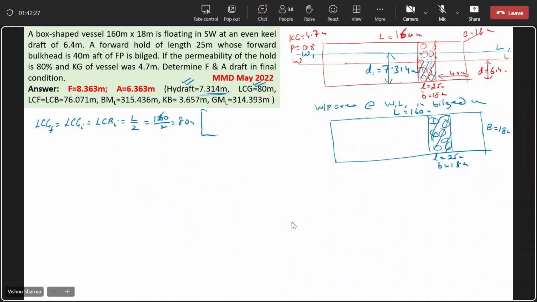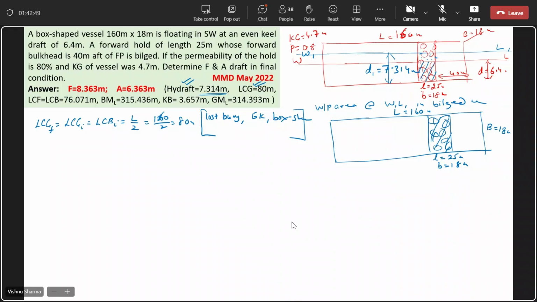And here you can write lost buoyancy method, even keel, box shaped. All these three will make this expression valid, or you can write three different steps as I had written earlier. Everybody is done with it, guys?